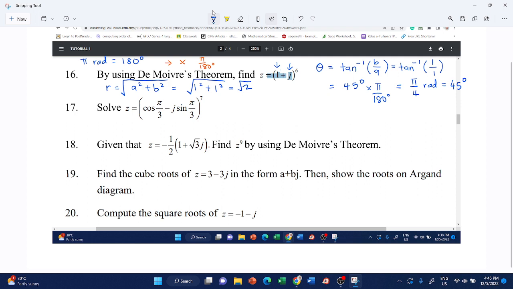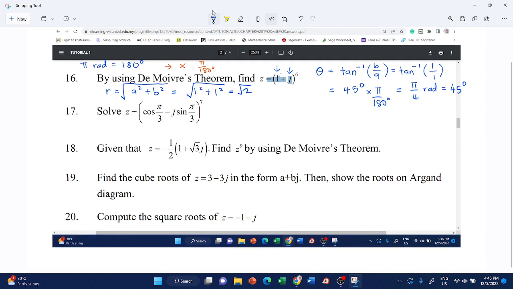Just now Vishnu said that we can plot the graph, right? If we refer to the graph for this number 16, the point lies in quadrant 1 because your x and y are positive. Something like here, this point.